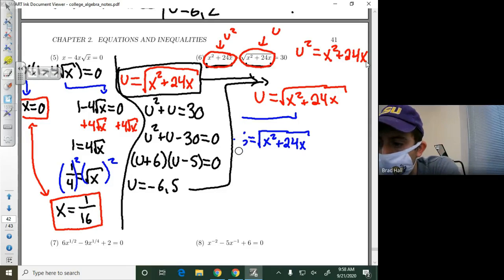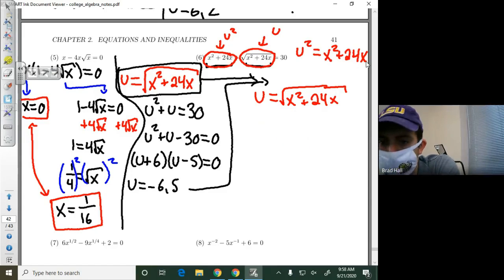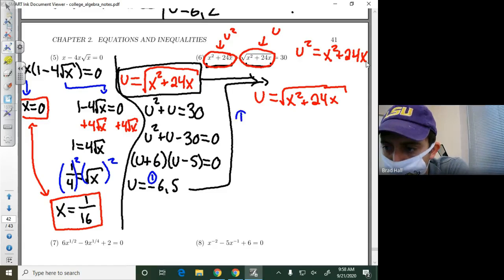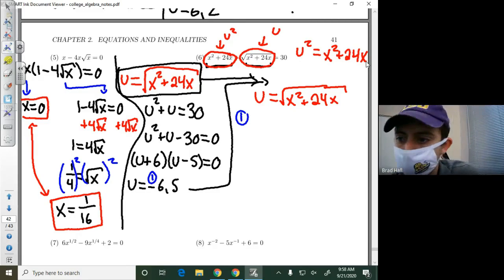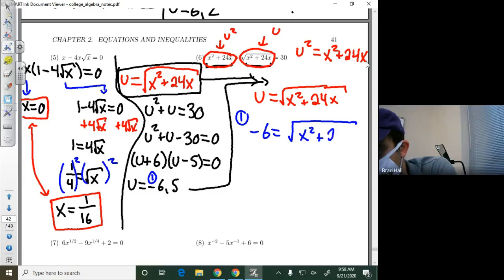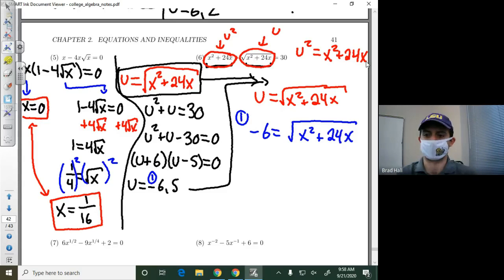I'll just do these one at a time. So the first u value we found was -6, and now we set -6 equal to this entire square root. Just like that. So that's the first u value we found.